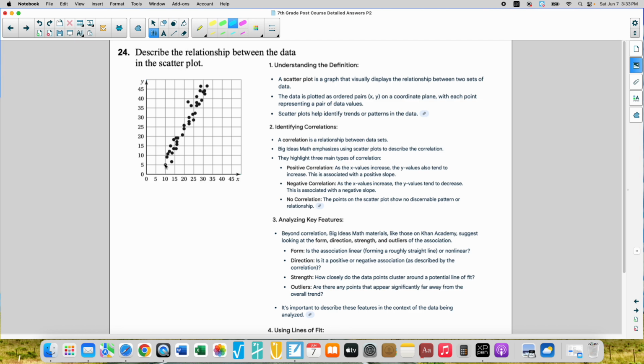So how do we analyze it? Form, direction, identifying correlations. Positive correlation: as we increase X, the Y values also tend to increase. This is an indication of a positive slope.